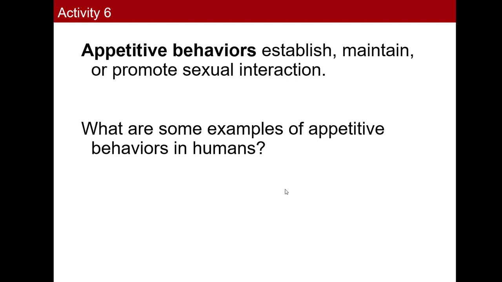So the activity here is asking you, what are some examples of appetitive behaviors in humans? So we start off with sexual attraction, and then we move into appetitive behaviors. Appetitive behaviors are really any behaviors that are intended to increase the likelihood of a sexual interaction. So if you're thinking about examples in humans, what do humans do?